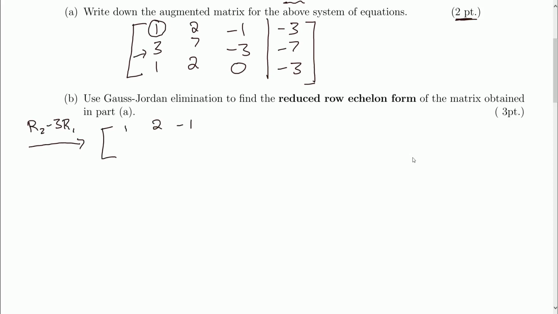I mentioned this in class a long, long time ago: yes, show all your steps. Don't combine steps. So we should hopefully get a 0 right away. 7 minus 3 times 2 is 6. Negative 3 minus 3 times negative 1 is 0. No, something's wrong there.